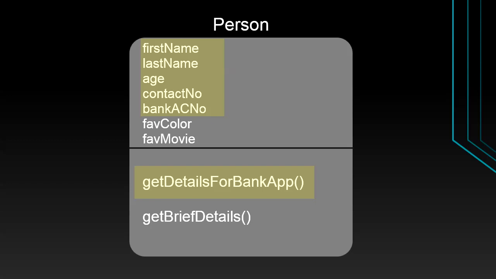You don't need favorite color and favorite movie to apply for a bank account. In the same way, if you wish to get brief details, you only need access to first name, last name, age, favorite color and favorite movie. You don't need bank account number.